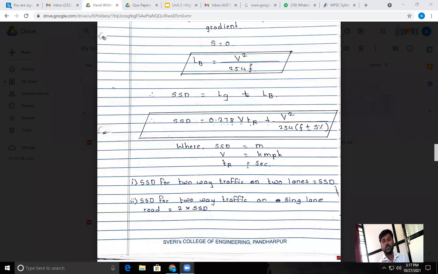But SSD for two-way traffic on a single lane road is equal to 2 into SSD. If there is two-way traffic but a single lane road, then we have to take 2 into SSD.